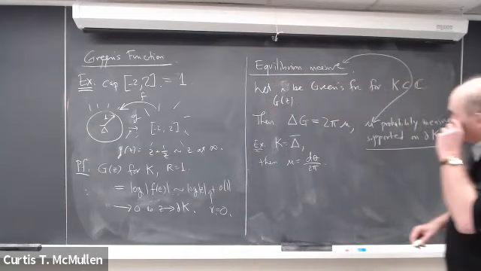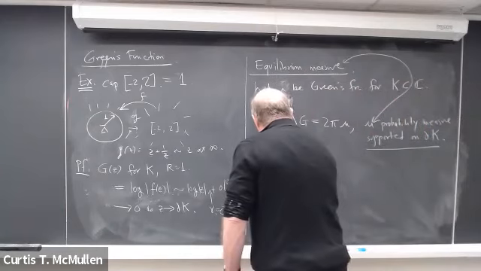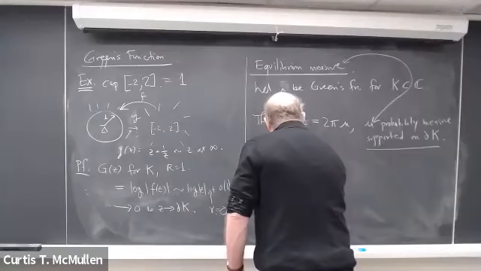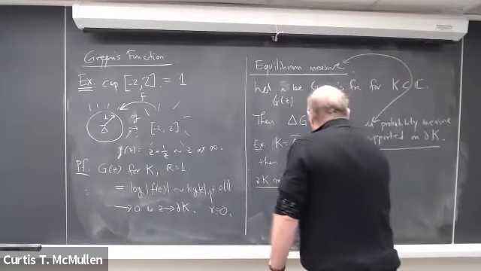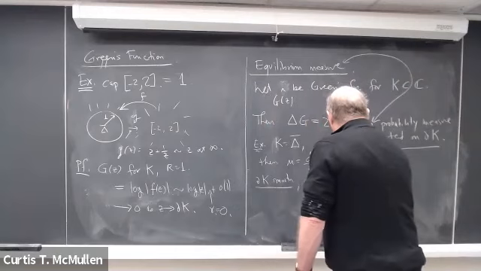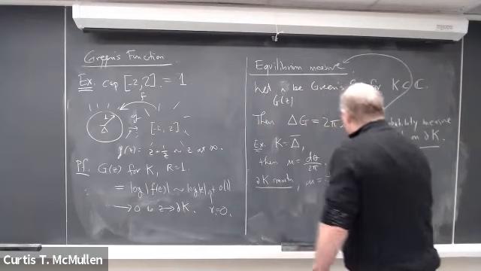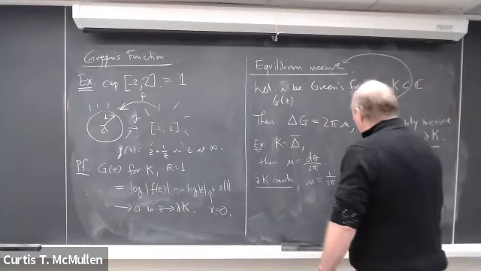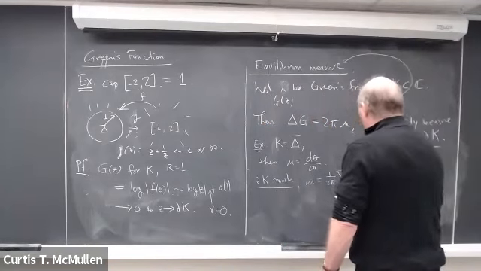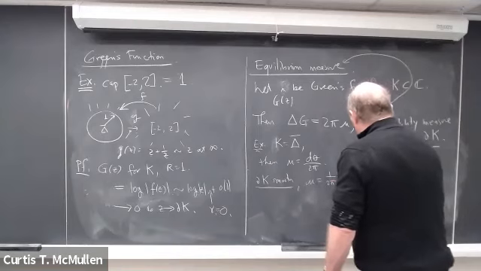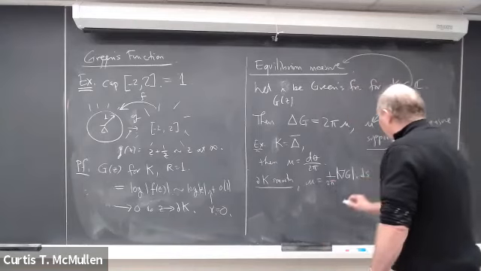And in general, if the boundary of K is smooth, then mu is equal to 1 over 2 pi times the gradient of G, which will be normal to the boundary, times arc length along the boundary.